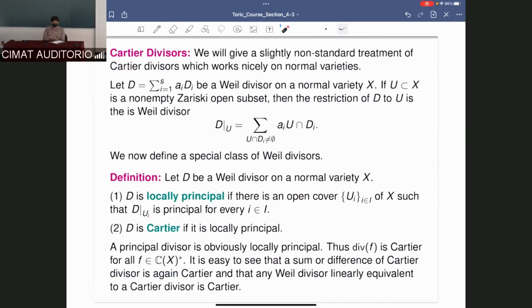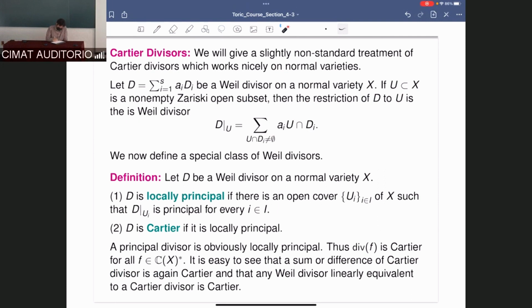Cartier divisor, in the normal case, you can think of these guys as the Weil divisors, the ones from before, just a formal combination of irreducible divisors, formal sums of subvarieties of codimension 1, but that locally over some cover are div of some f. That is a Cartier divisor. Locally it is principal. So that's what this slide says, but then let's go over it.